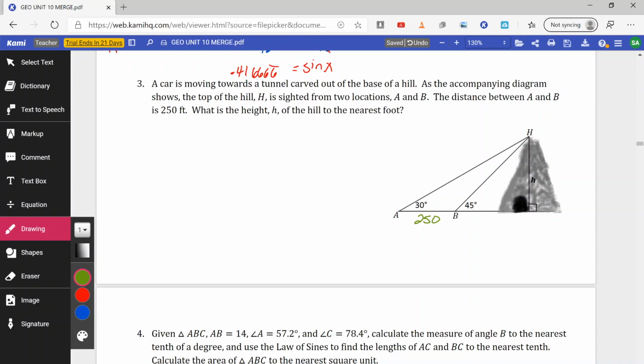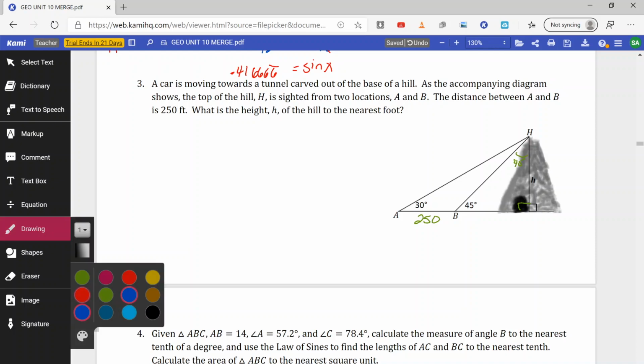So we know, based on this, that from A to B is 250, this angle is 30, that's 45. So what we need to do is essentially figure out our missing pieces here. It's easier to find our missing angles. We know we have a right triangle down there. That's 45, which means this here is 45 degrees. Now we know H is the unknown.